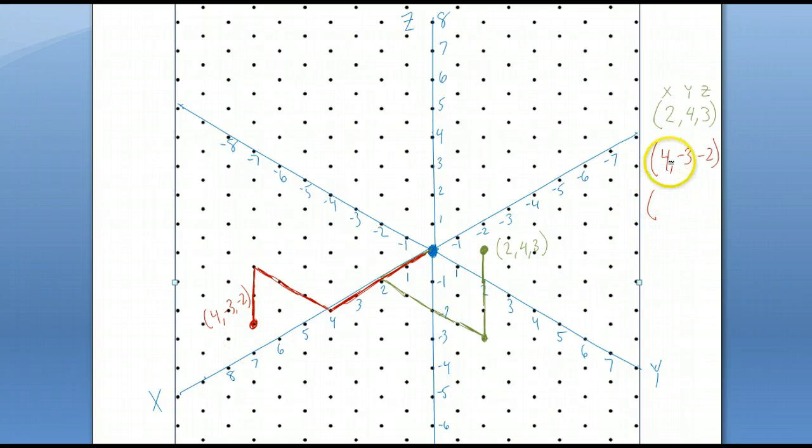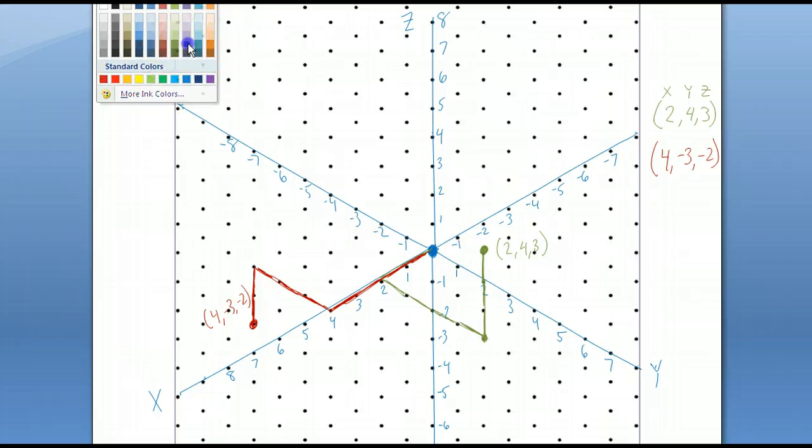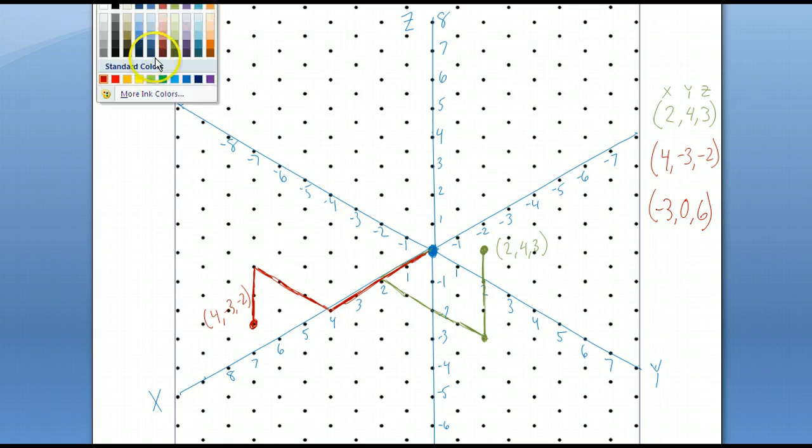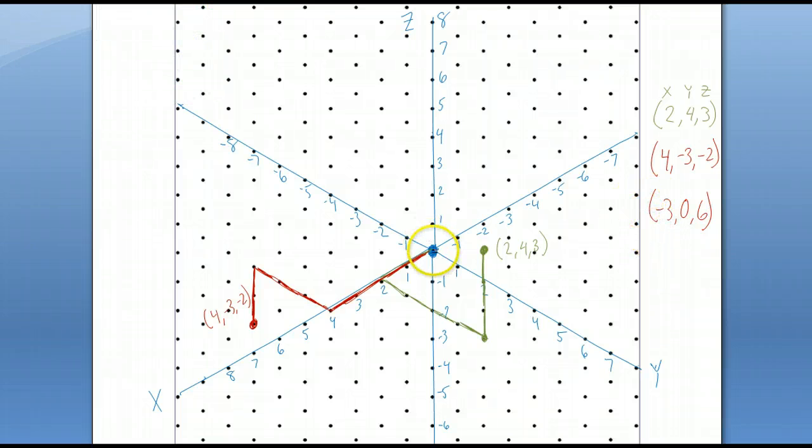Let's say I want to plot the point -3, 0, 6. I'm going to start again at the origin, but this time I'm going to move -3 in the x direction.